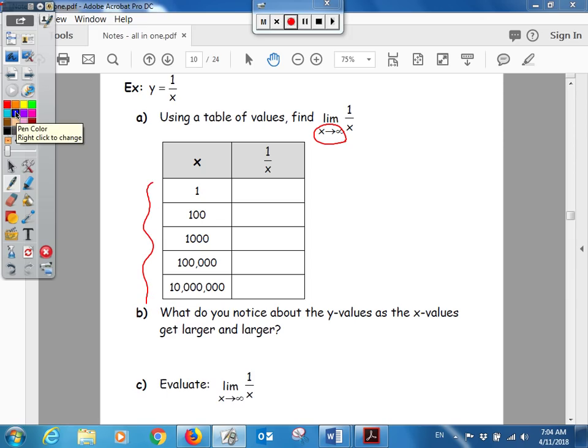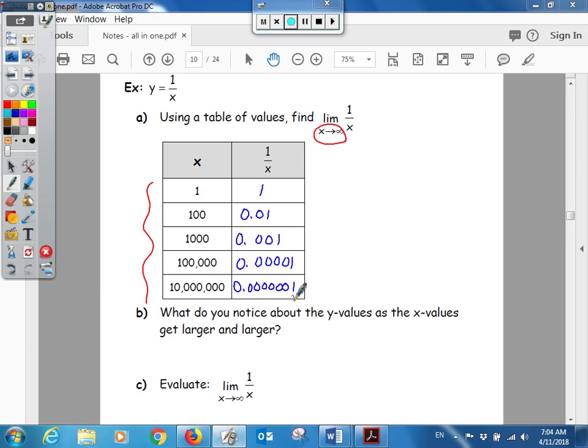When I plug a 1 into 1 over x, I get 1. For 100, I get 0.01. For 1,000, I get 0.001. For 100,000, I get 4 zeros and a 1. For 10 million, I've got 6 zeros and a 1.